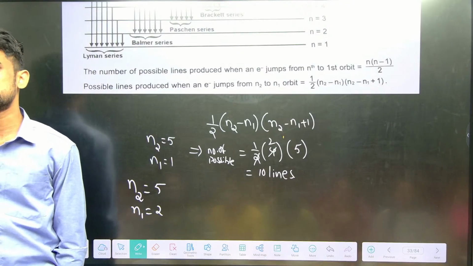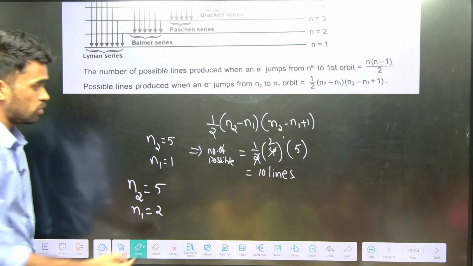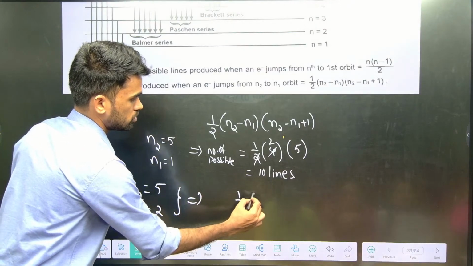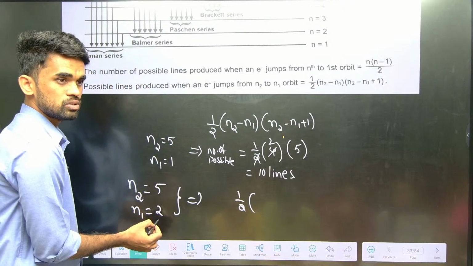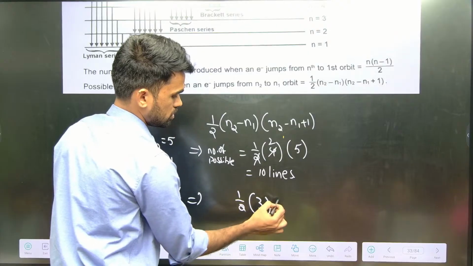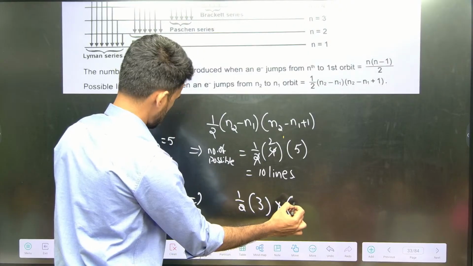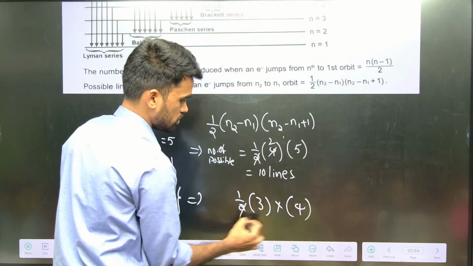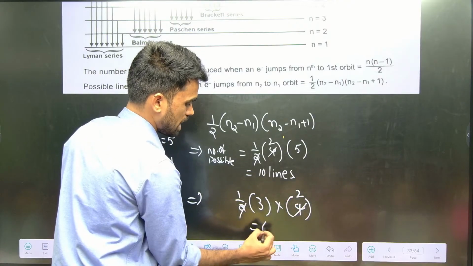Half into (5 minus 2), which is 3, into (5 minus 2 plus 1), which is 4. So 6 lines we got.